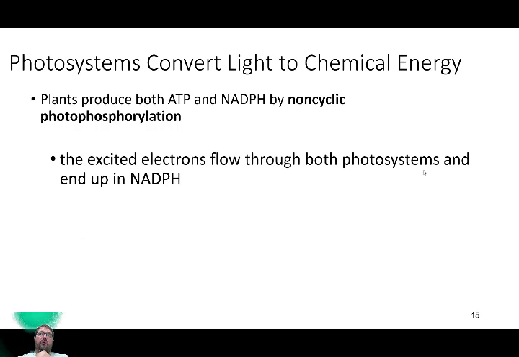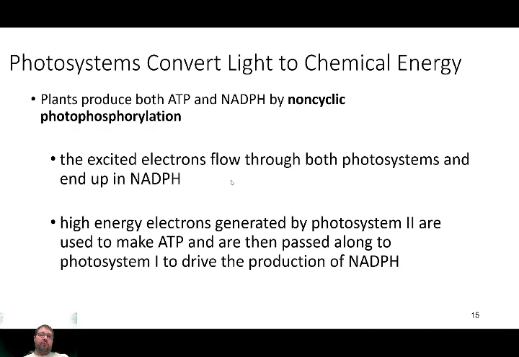So what do you do with those extra electrons? You form ATP, but you still have an electron that's moving through the electron transport systems. Well, those electrons are picked up by NADP to form NADPH, which is an electron carrier, and it can carry it to another portion of the chloroplast in order to drive work elsewhere.